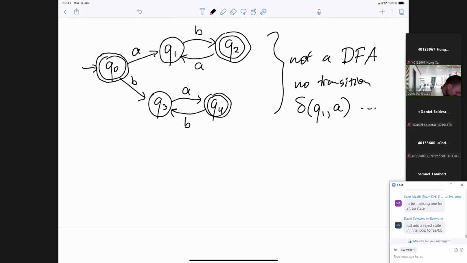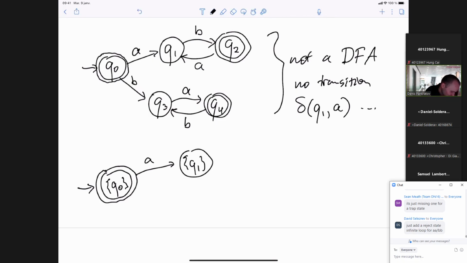But in general, the conversion procedure has names for states which are subsets of states of the original NFA. So we start out in a state that contains just Q0. And because Q0 is an accept state, this would also be an accept state of this DFA. On transition A, we go to state Q1. And on transition B, we go only to state Q3.